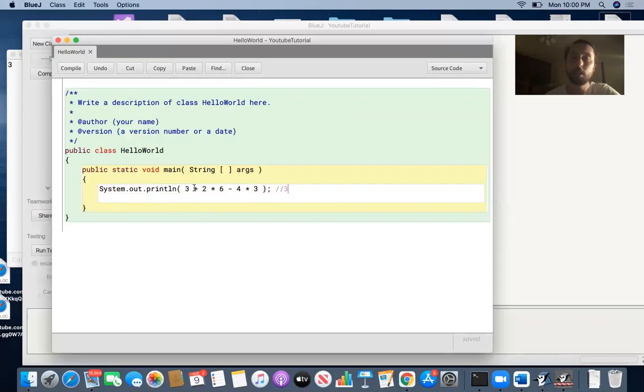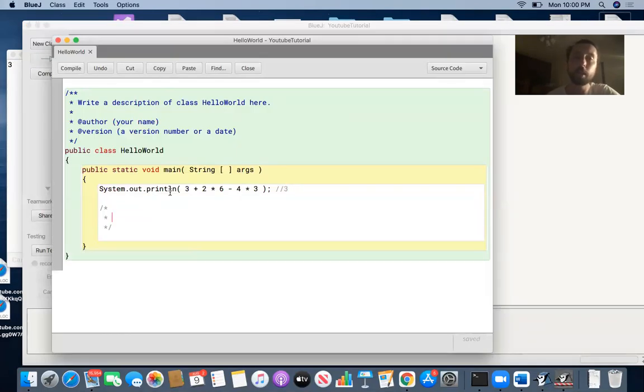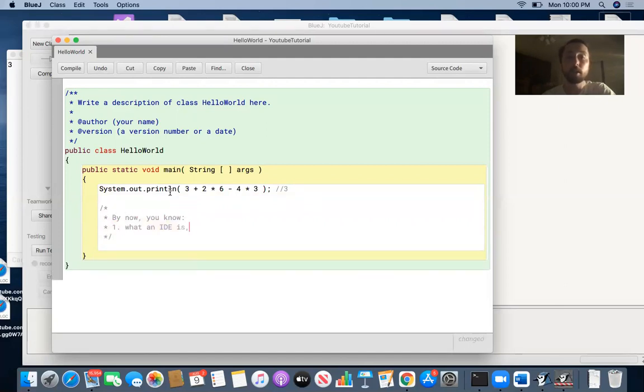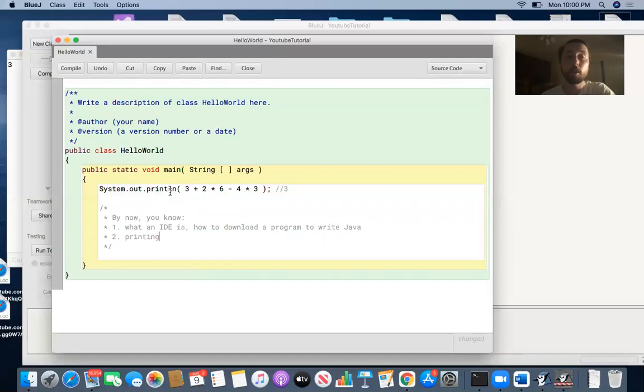So the things that you need to understand, we could write that in a multiple line comment. By now, you know what an IDE is, how to download a program to write Java, and printing statements. So the difference between System.out.print and System.out.println, and you can go review that in the previous video.